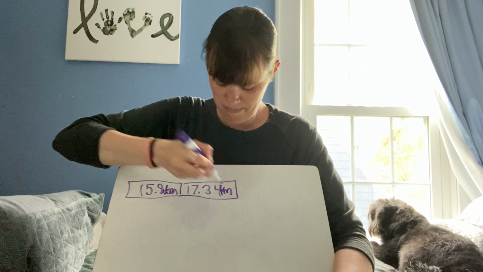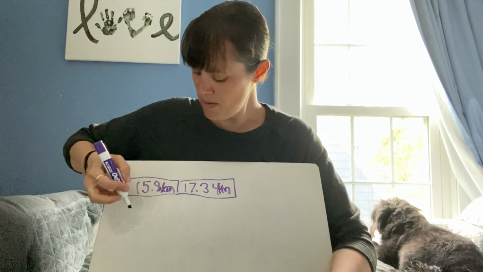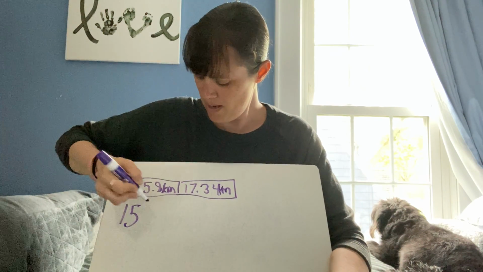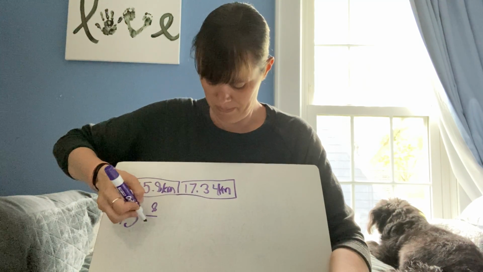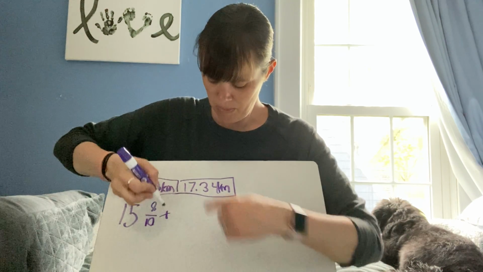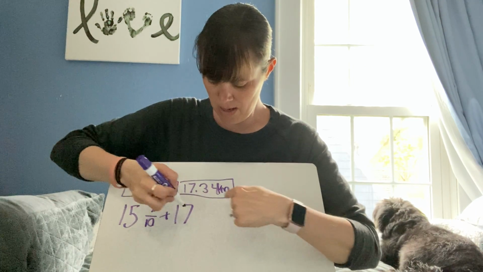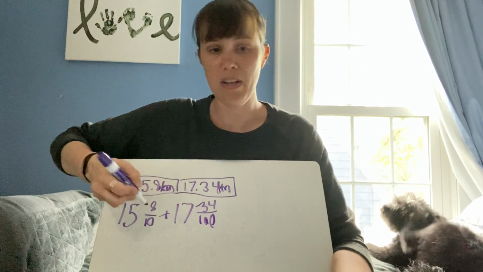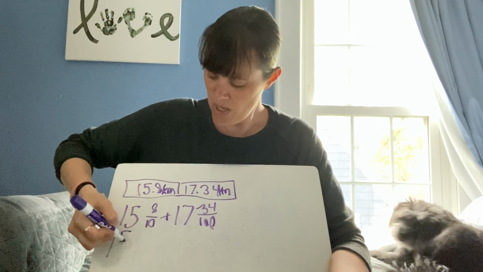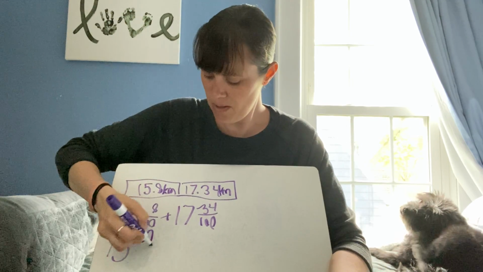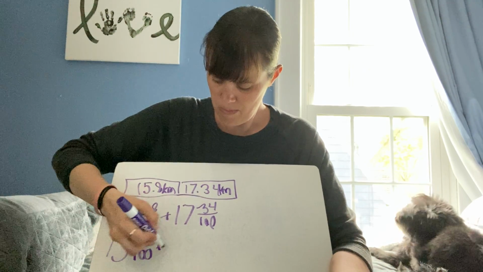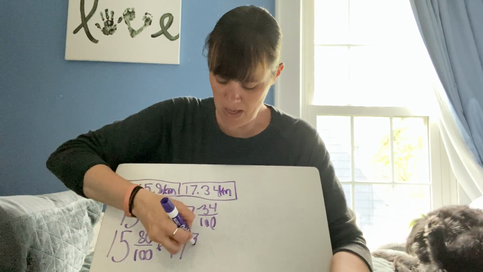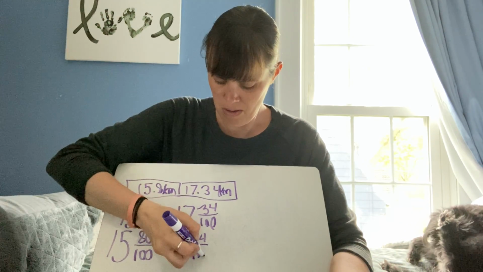All right, 15.8 is 15 and 8/10 plus 17 and 34 hundredths. The 8/10 needs to be changed to 80 hundredths, plus 17 and 34 hundredths.